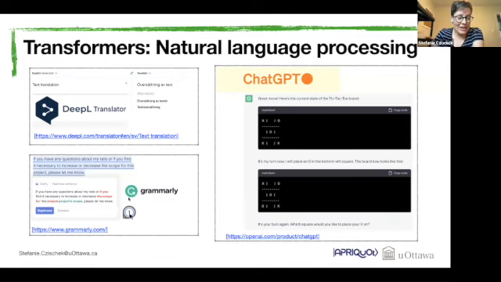Another example is Grammarly, which I personally find extremely useful, which can basically interpret text and find mistakes or typos in text, also grammar mistakes, and provide suggestions how to improve your writing skills.